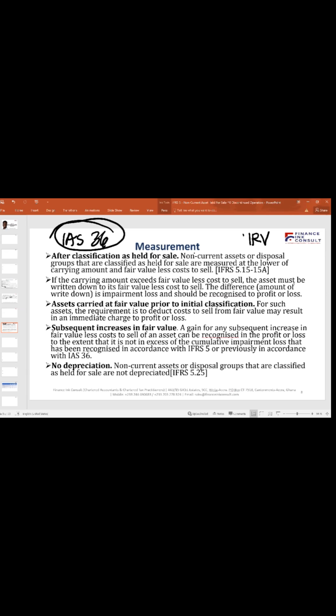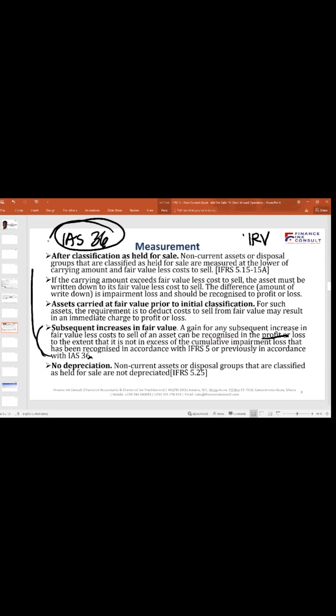Subsequent increase in fair value. Any subsequent increase in fair value less cost to sell of an asset can be recognized in profit or loss to the extent that it is not in excess of the cumulative impairment that has been charged in accordance with IFRS 5 or previously in accordance with IAS 36.